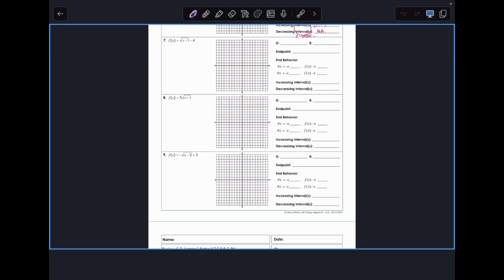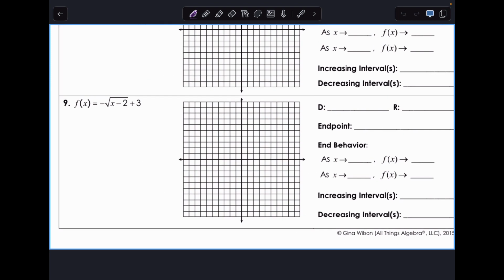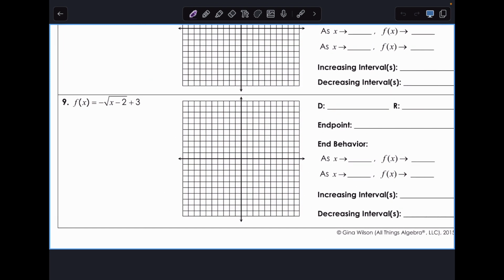So number 9. What is the endpoint to number 9's function? F of x equals negative square root of x minus 2 plus 3. What is the endpoint? Where's the endpoint? Opposite of h. So what's h? 2.